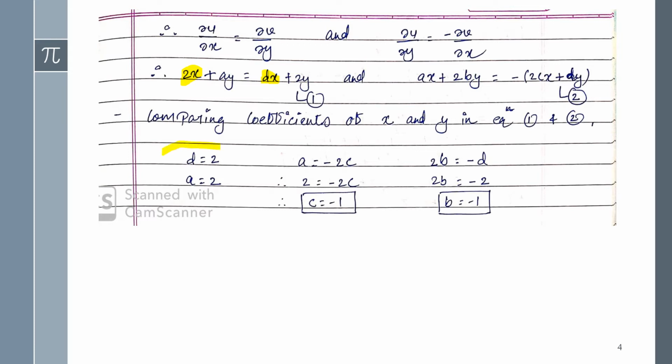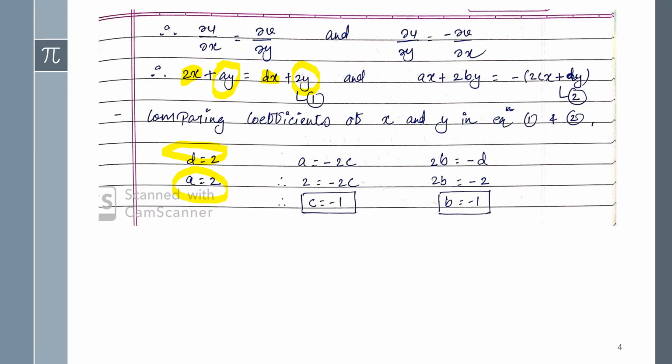So here I have written d equals 2. Now we can compare ay equals 2y also, and here I am comparing the coefficients of y, so it will be a equals 2, right? So by comparing this you can find a equals 2, and same here, by comparing the values you can write this answer.